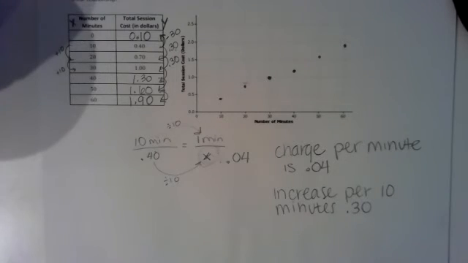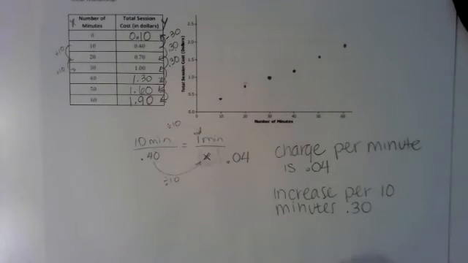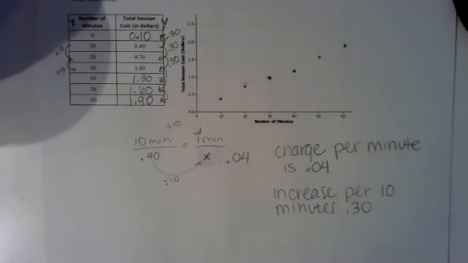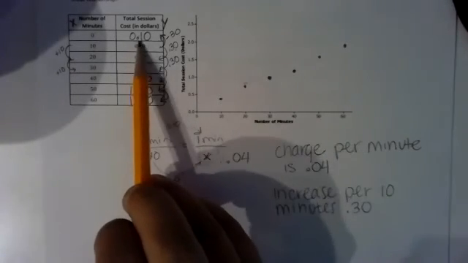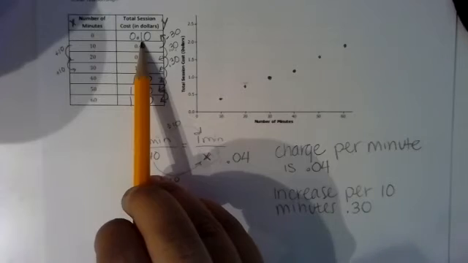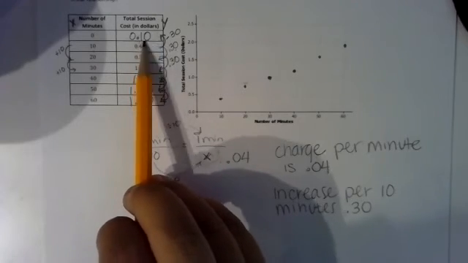What is the 10 cents representing? The fixed fee. Right, the fixed fee. So the amount that Lenore has to pay no matter what. Like for just turning on the computer, there's a fixed access fee. So the 10 cents is representing the fixed access fee.